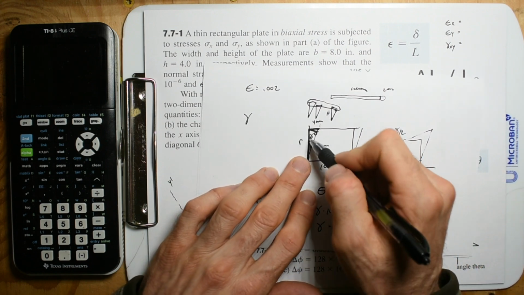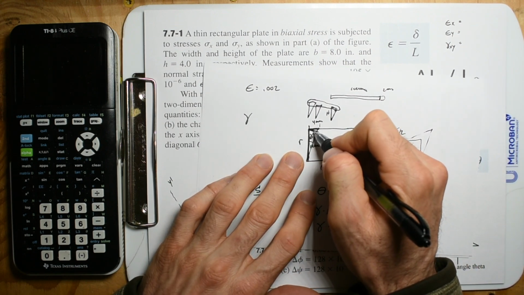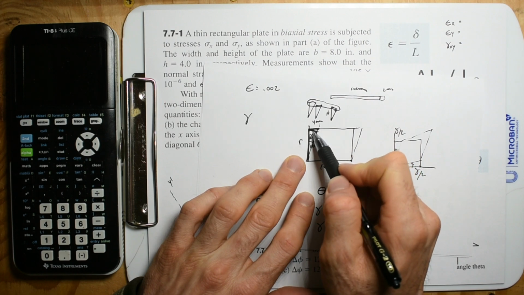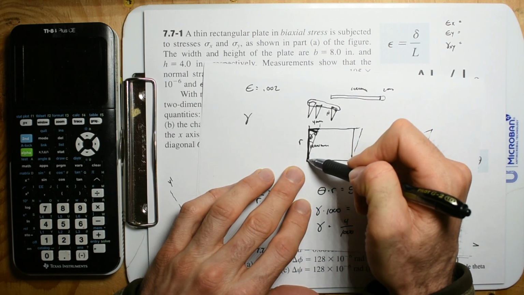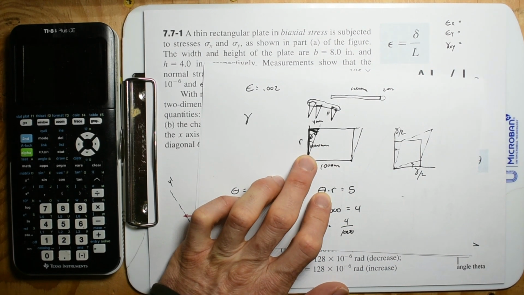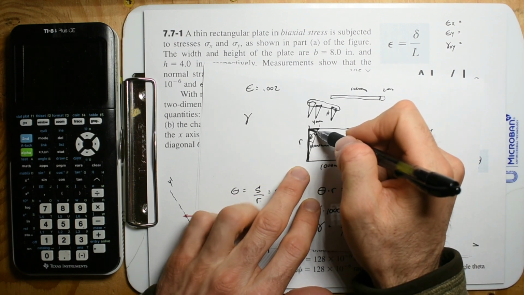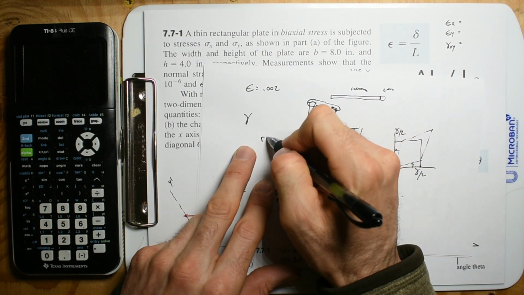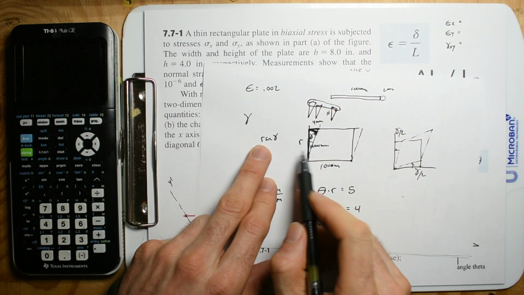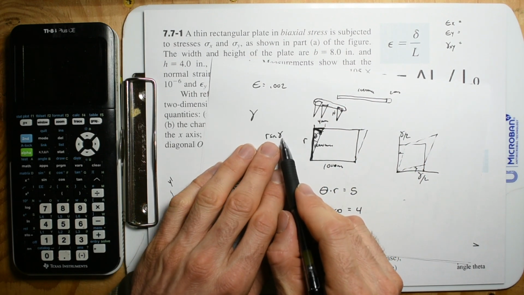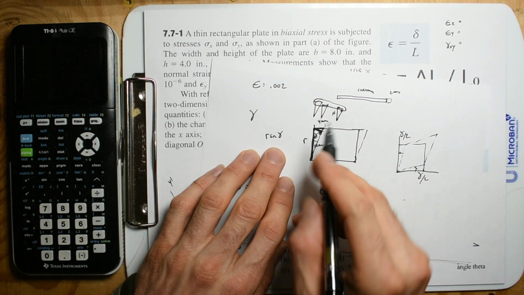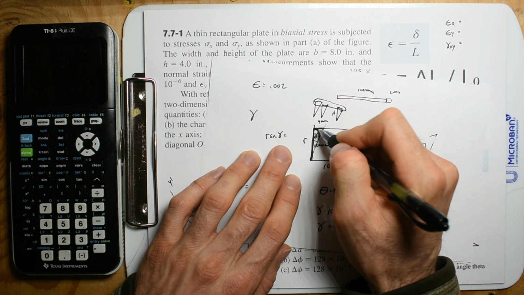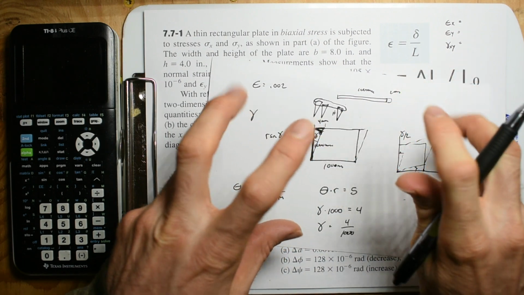Because even right here, this is still not the arc length. If I'm saying this is the hypotenuse, and this is a component, the sine component of the right triangle, then it's going to be r sine of the angle. So we have r sine of this angle in radians is going to equal basically the arc length.